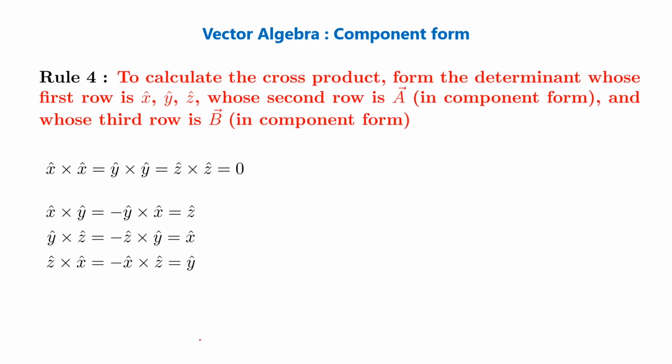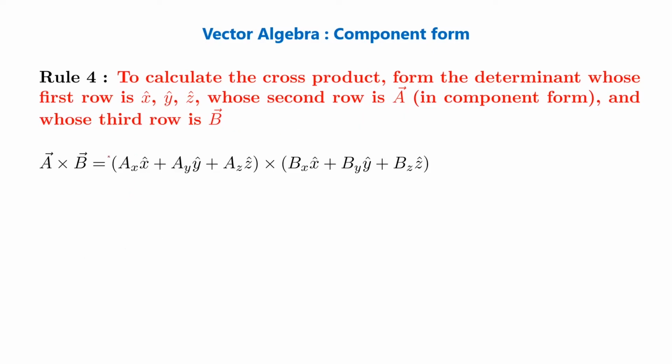And x hat cross y hat will be equal to minus of y hat cross x hat, which will be equal to z hat, and y hat cross z hat will be equal to minus of z hat cross y hat, and that will be equal to x hat, and z hat cross x hat will be equal to minus of x hat cross z hat, which will be equal to y hat.